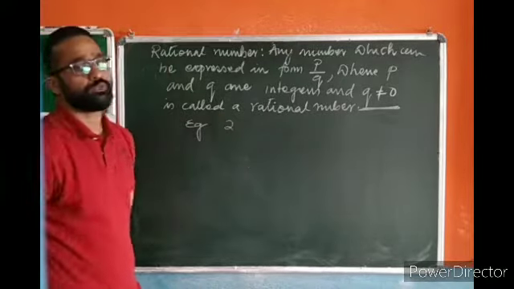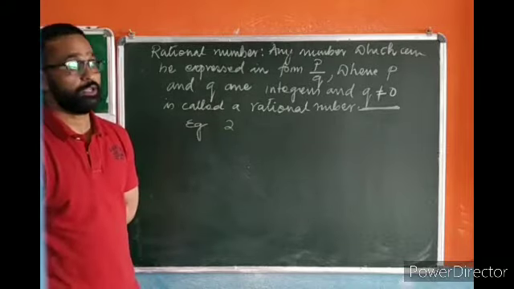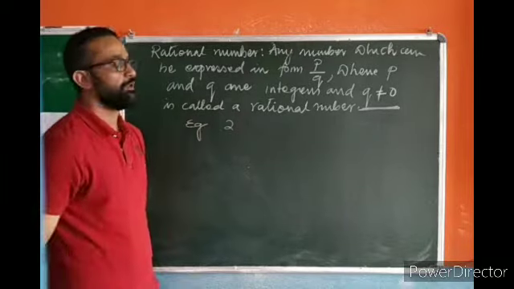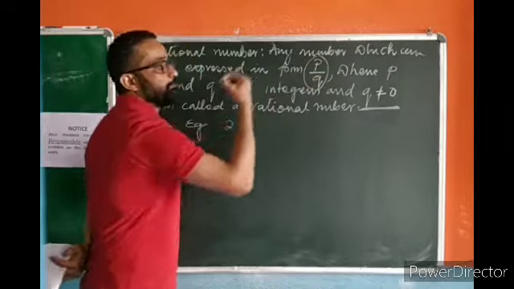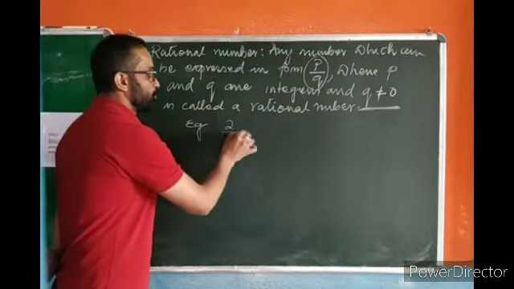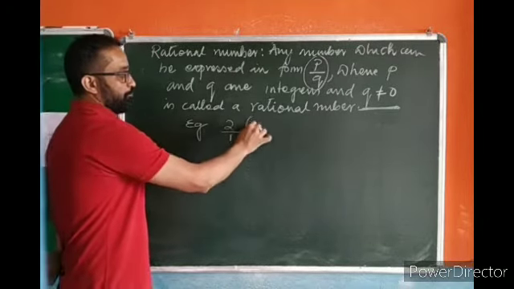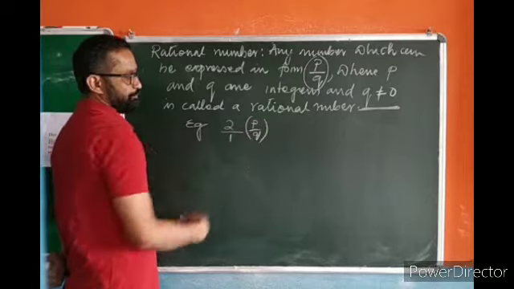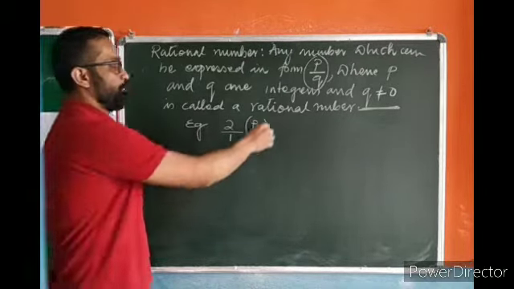Consider 2. This 2 is a rational number. It is also a whole number, but this 2 is in the form P by Q, because we can write the denominator as 1, where Q is not equal to 0.